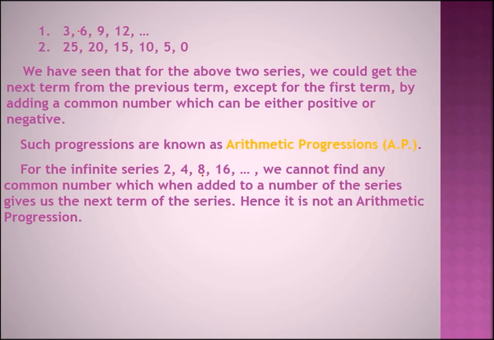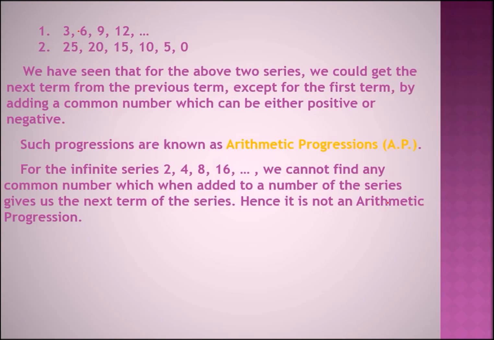But if we add a 4 to 8, we will be getting a 12. If we add a 2 to 8, we will be getting a 10. We will not be getting 16. So we do have a common number, that is 2 in this case, but that has to be multiplied with the previous term to get the succeeding term. It cannot be added. It has to be multiplied.